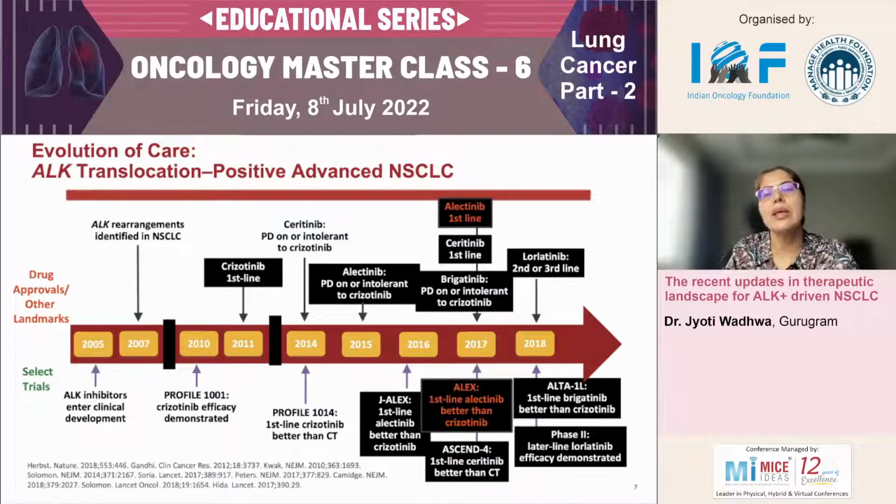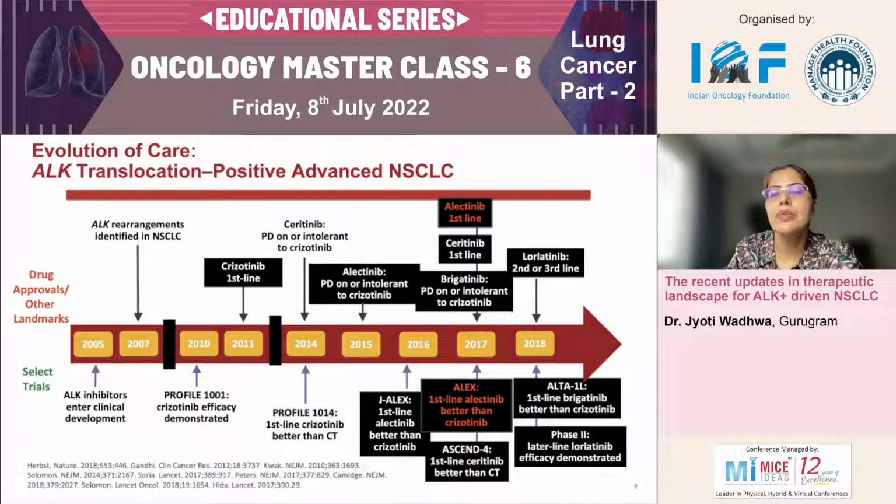So this was the first generation ALK inhibitor. Subsequently, we have had various second generation ALK inhibitors, most notably being alectinib. So let me name all the ALK inhibitors to you: crizotinib, ceritinib, alectinib, brigatinib, and most recently, lorlatinib.